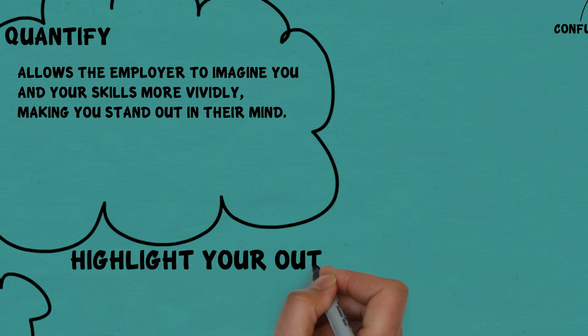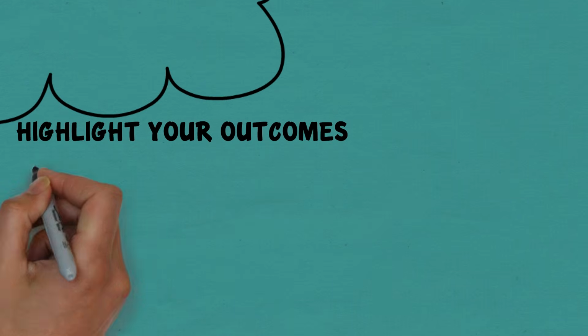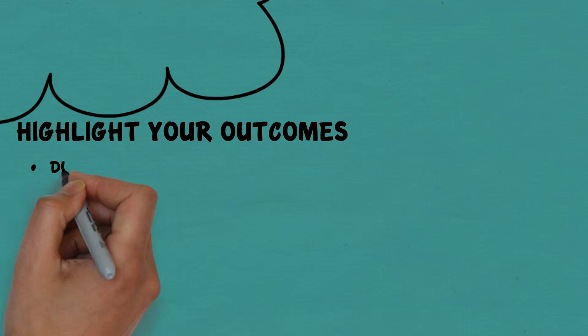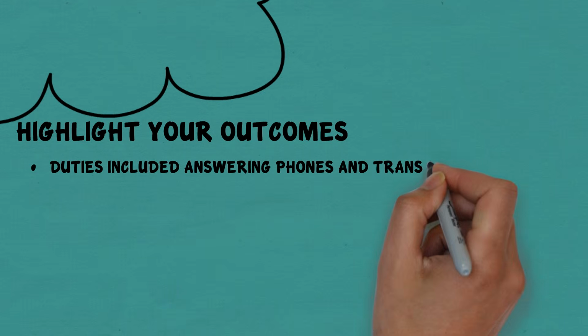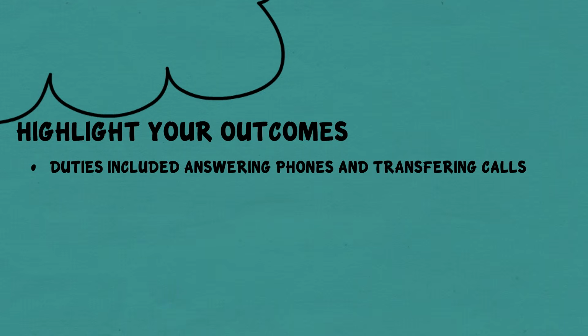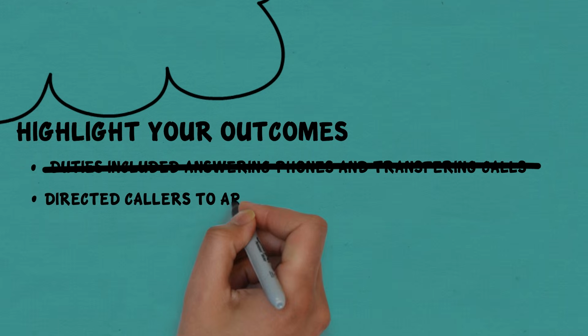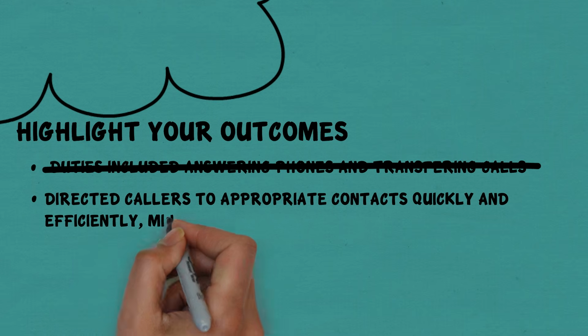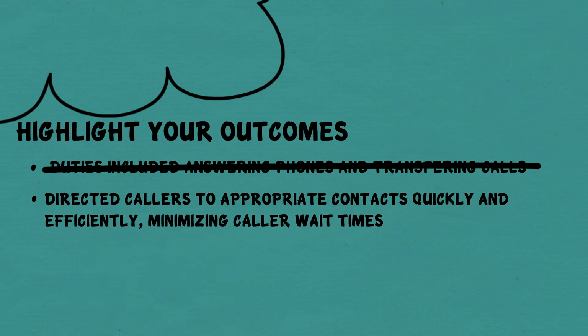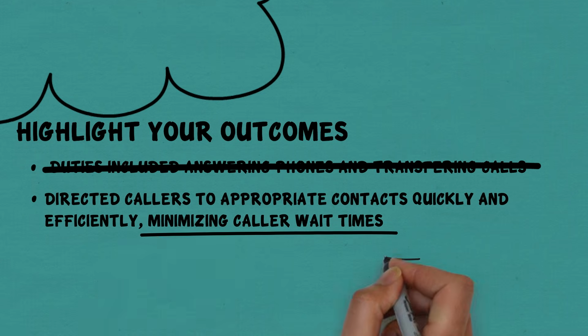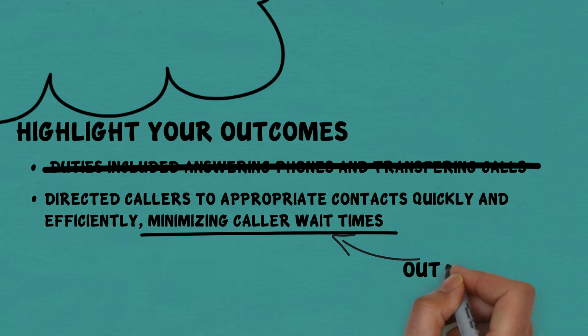You'll also want to highlight outcomes. Instead of just saying, "duties included answering phones and transferring calls," perhaps you could elaborate with something like, "directed callers to appropriate contacts quickly and efficiently, minimizing caller wait times." That last part, minimizing caller wait times, is the outcome of your action.